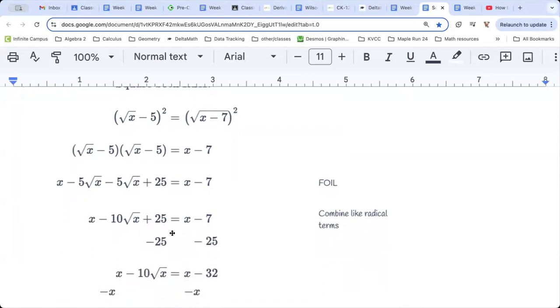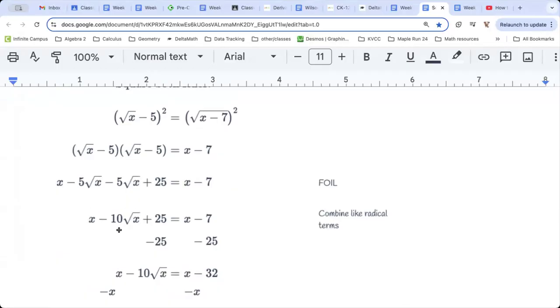So again, that's a perfect square. So let's skip those steps. We can go directly to the third step. So a plus b squared is going to be a squared plus 2ab plus b squared. So a is square root of x, b is -5, a squared is square root of x squared is x.